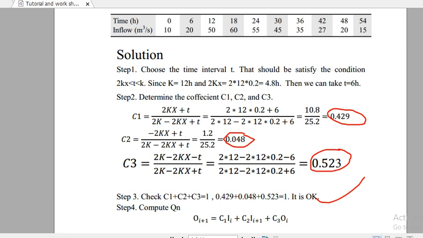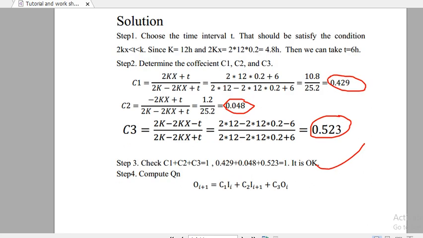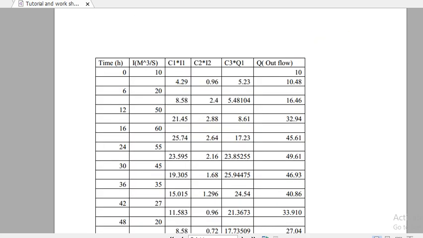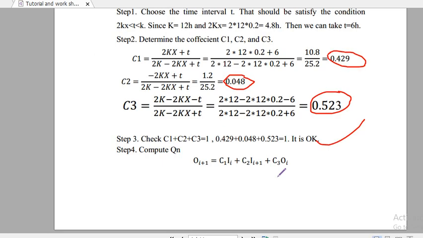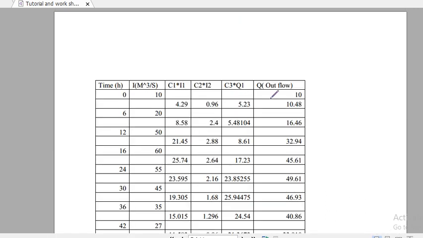Then determine the discharge at each time increment by using this equation. This is the Muskingum equation. So by using this, we can estimate this table. This is C1, it is already how much?